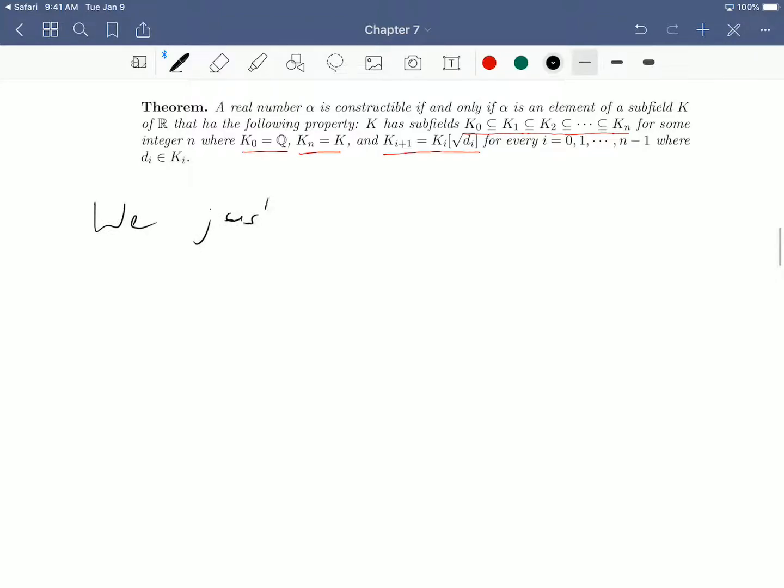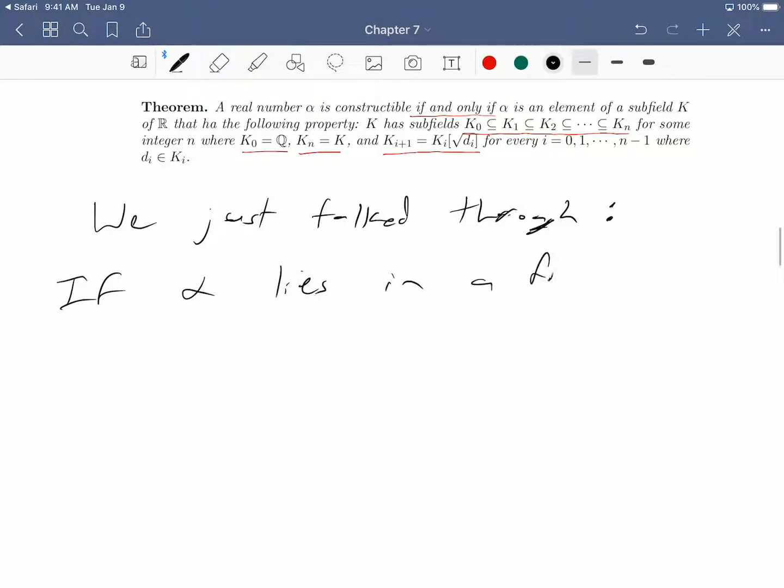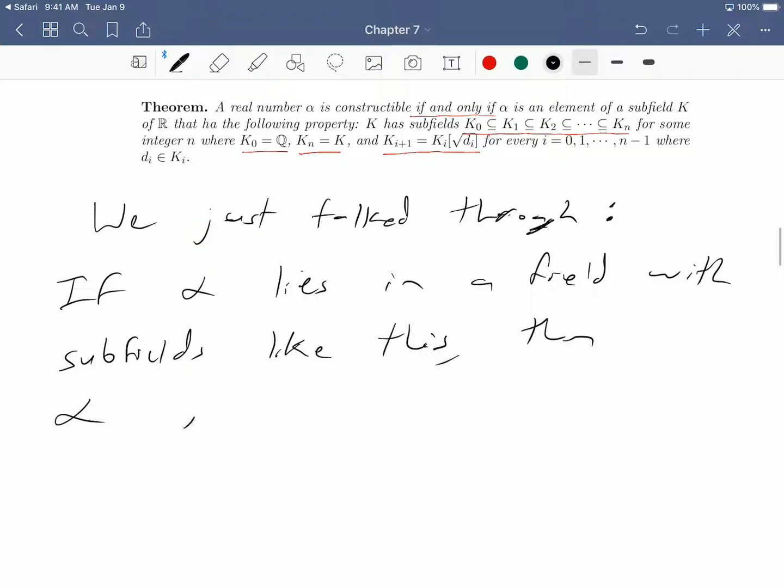We just talked through one half of this proof. So this theorem is an if and only if. And we just talked through one direction, which was if alpha lies in a field with subfields like this, then alpha is constructible.